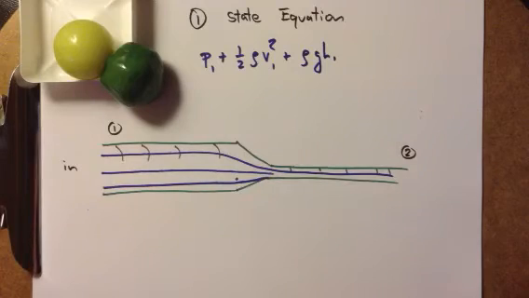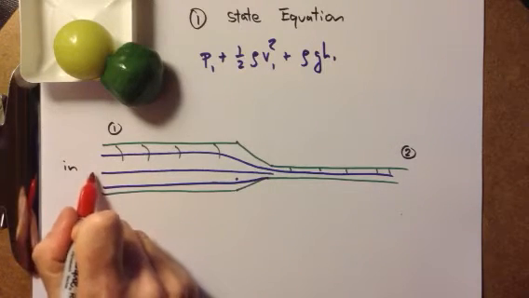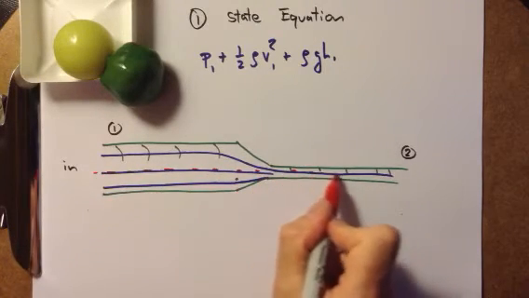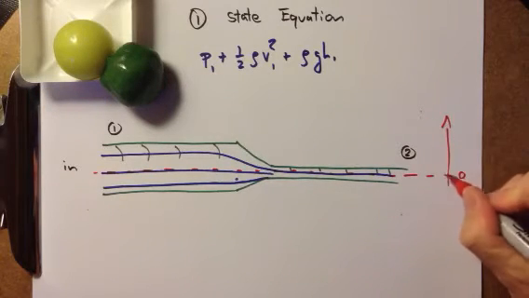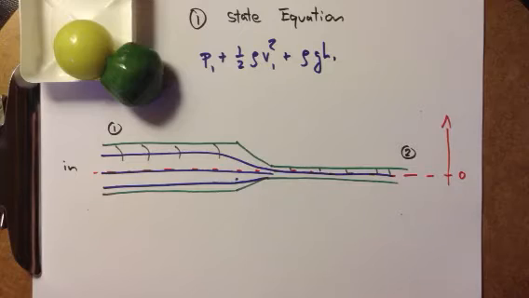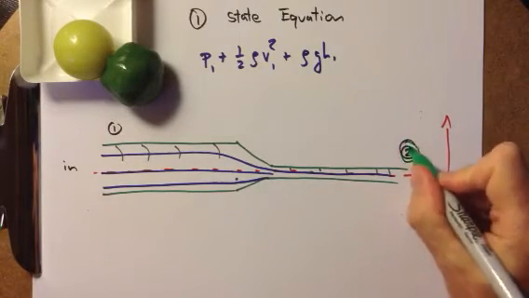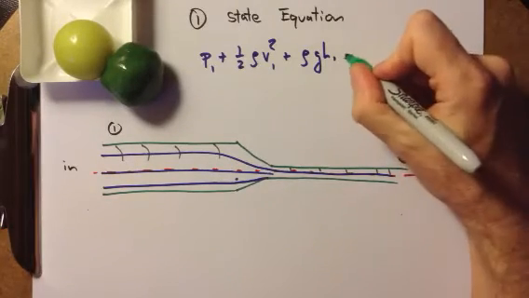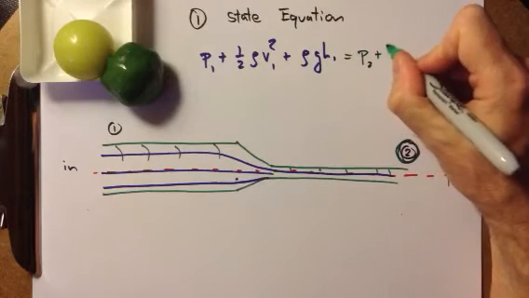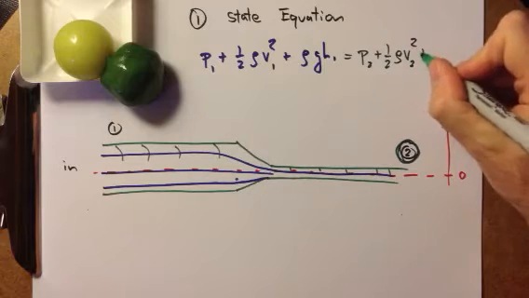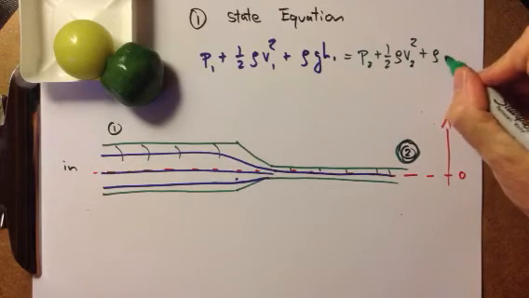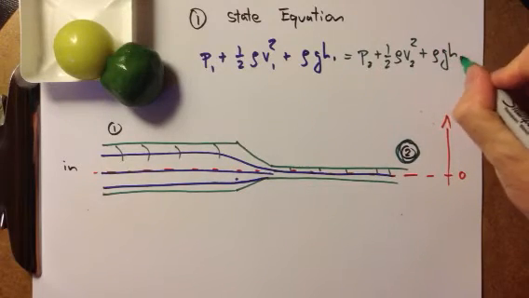So we need to define a height. If we place our horizontal tube on the ground, then this would be our height scale, and we are at 0. Then on the other side, we have pressure 2, kinetic energy 2, plus potential energy term 2.